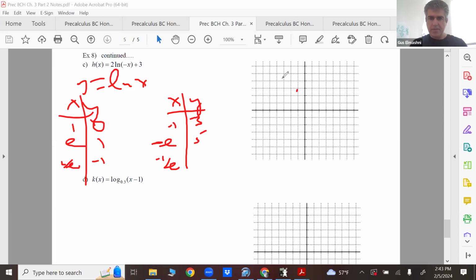Or maybe 2.7. So the graph is going to look kind of like this, and it gets reflected about the y-axis. Okay, a little mind bending there.